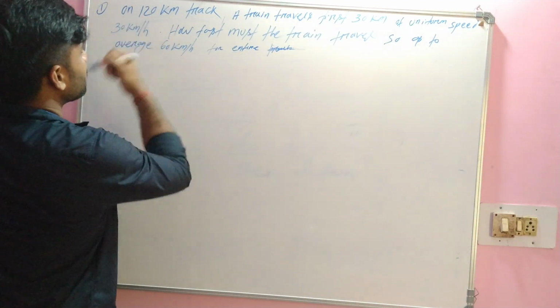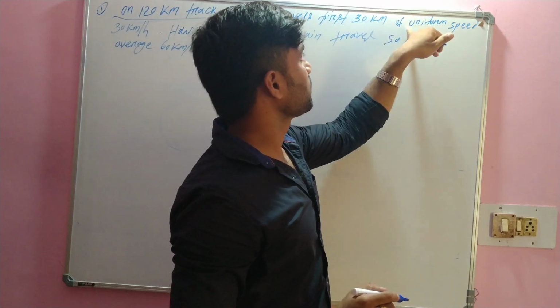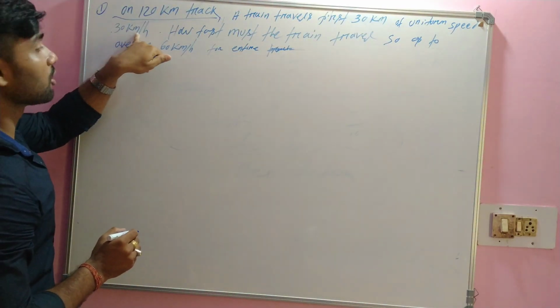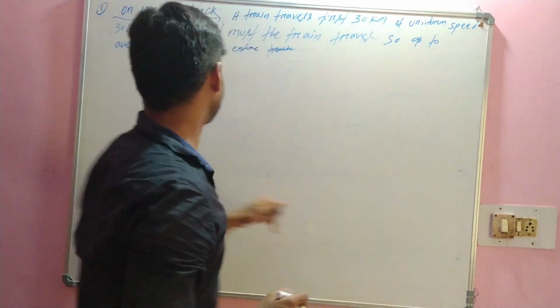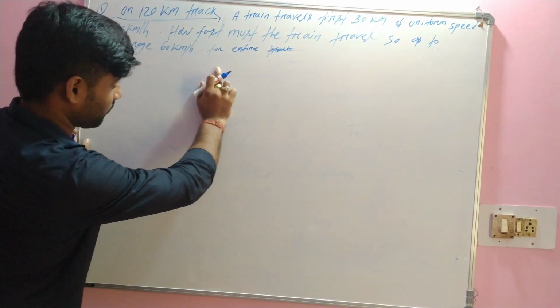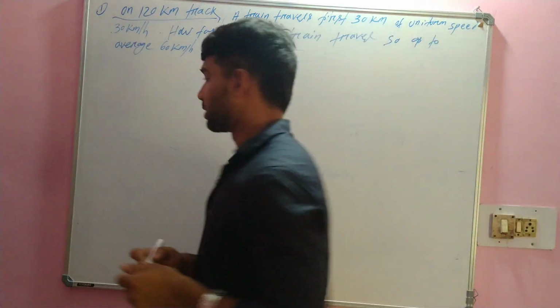On a 120-kilometer track, a train travels first 30 km at a uniform speed of 30 km per hour. How fast must the train travel so as to average 60 km per hour for the entire journey?